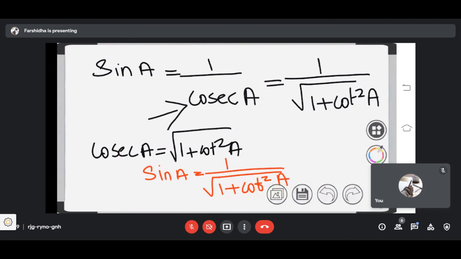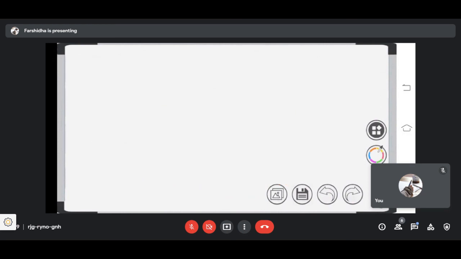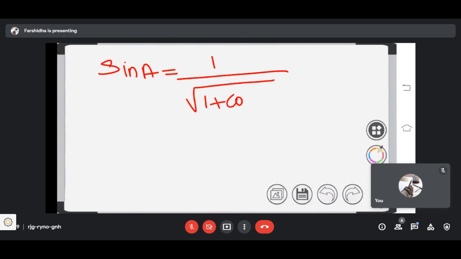Now the second one is sec. Sec we need to represent in terms of cot. So we got sin A equal to 1 by root of 1 plus cot square A. Then what will be sin square A?